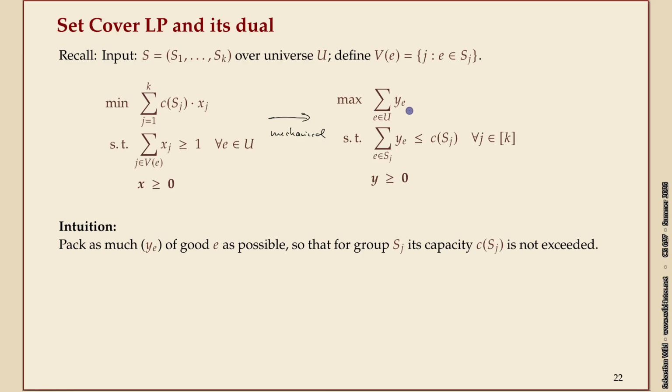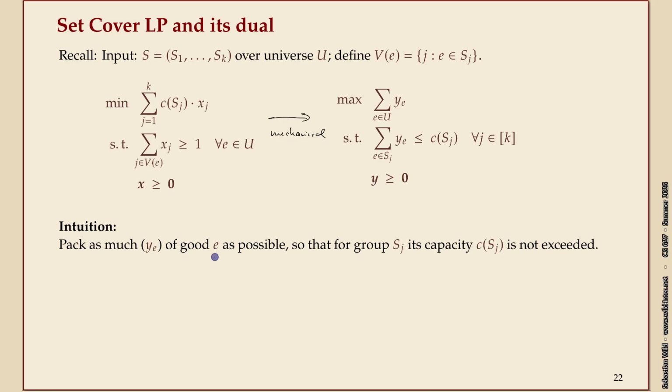You get something where you want to maximize some YEs, a value for each element of the universe. And what are the constraints? They say if you sum up all the elements in some specific set, then you can't exhaust the cost of that set. So C could nicely stand for cost or for capacity.